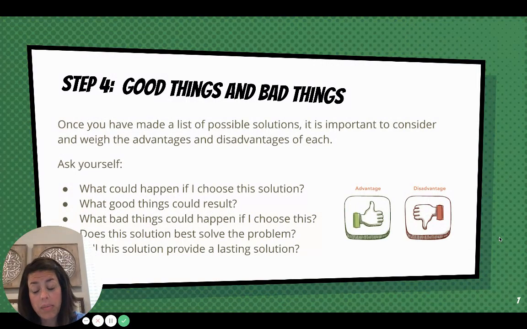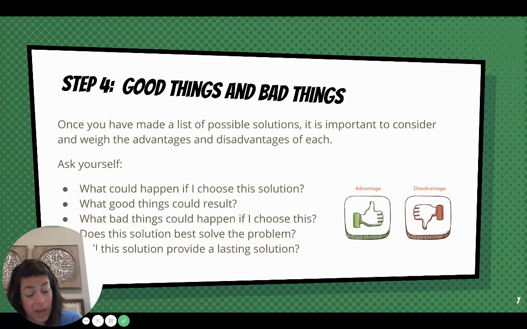Now, with each solution that we try to give our problems, there are going to be some good things that go with it and some bad things that go with it, so we have to think about that. You have to ask yourself, okay, what could happen if I choose this solution?